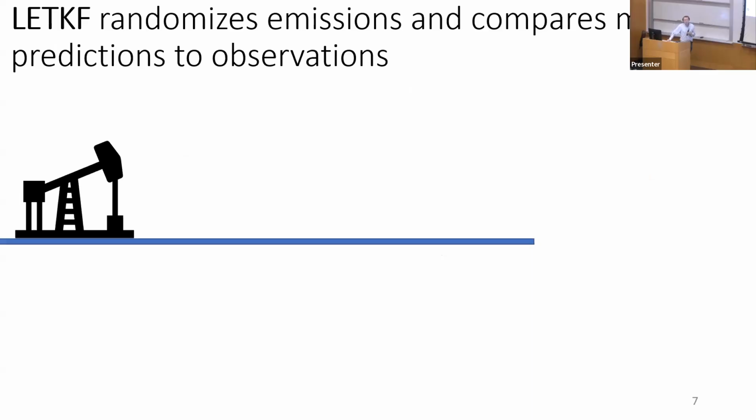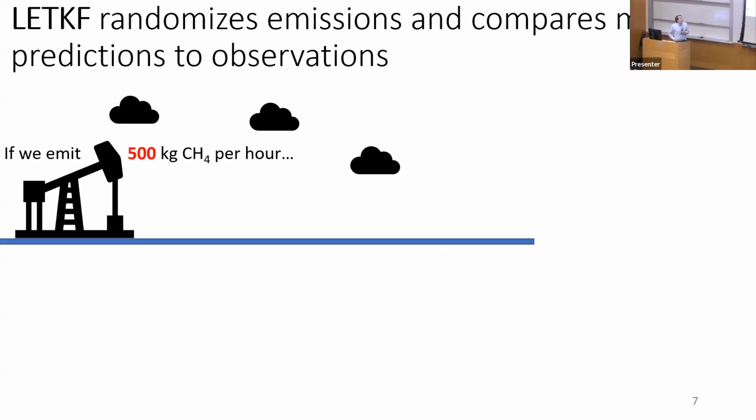So the general method that I'm using in CHEEREIO is called the Localized Ensemble Transform Kalman Filter. And the original acronym for CHEEREIO was GCLETKF, but you can thank me that I came up with a much cuter acronym that is better than that. The basic idea is very simple. You have this source that's emitting some unknown, but you have an idea of what the emissions are.